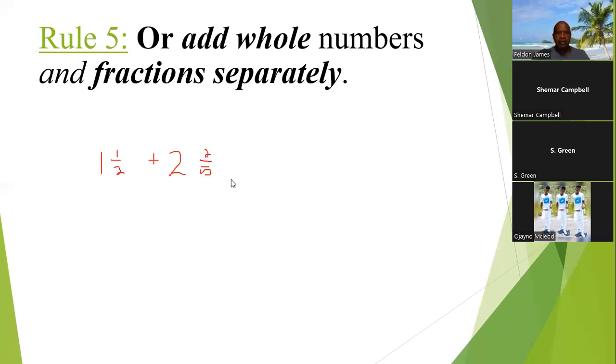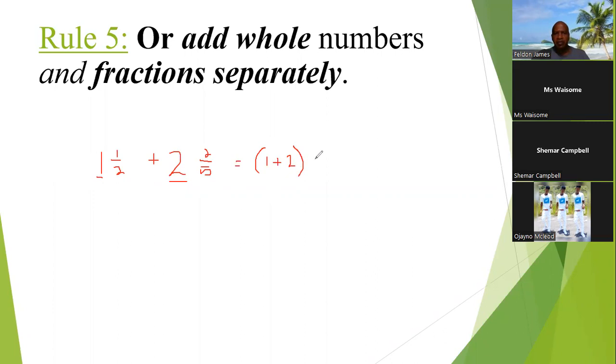So what is the whole number part for the first one? 1, sir. And for the second number, 2. So we add those in a bracket by themselves.